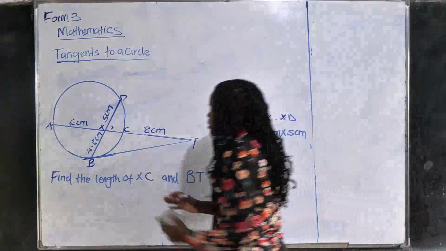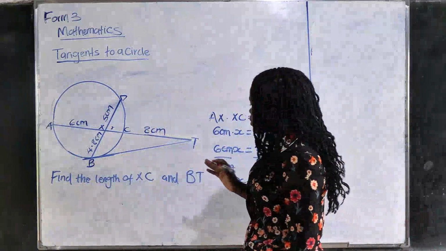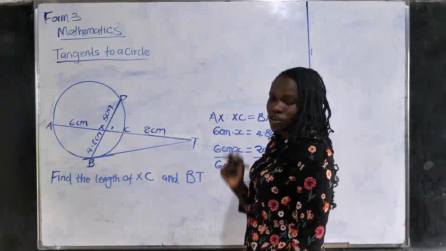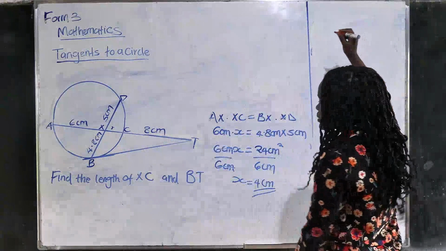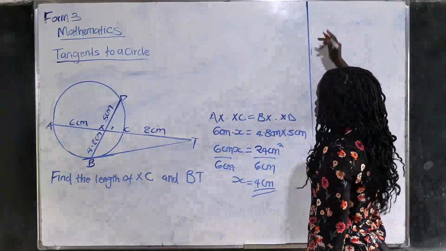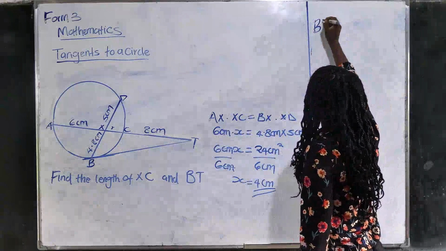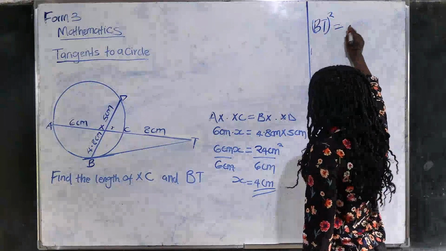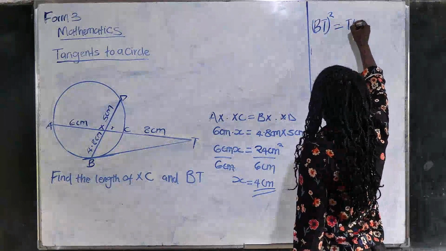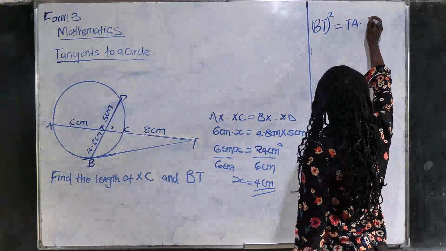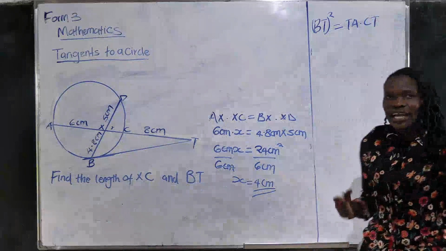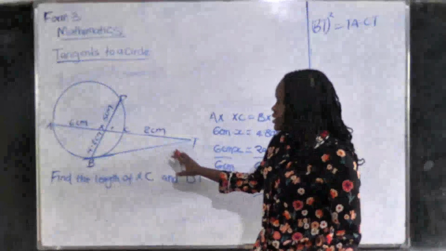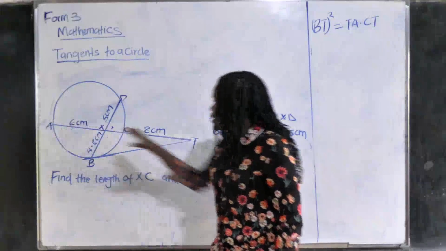Don't forget that. The tangent circle theorem says that BT squared is equal to TA times CT.